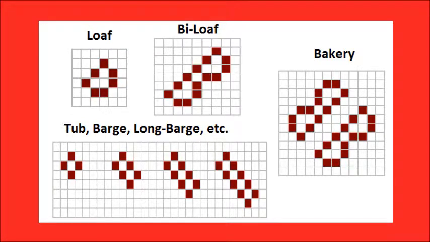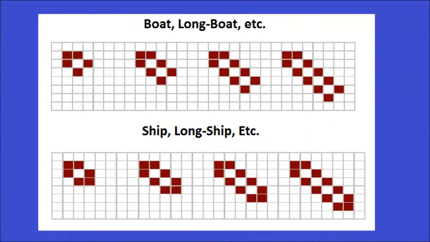Also on the bottom are the tub, the barge, the long barge, etc., which continuously gets longer as 2 more cells are added to the bottom of the formation. Similar to those are the boat and longboat, and the ship and the longship.